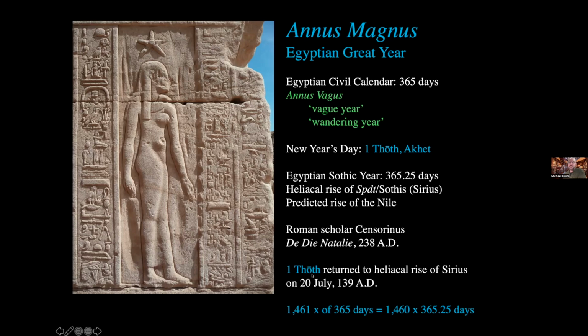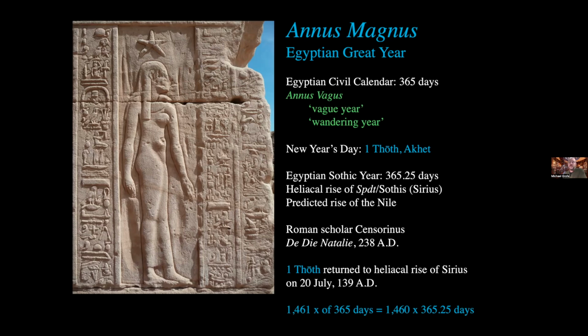And this great cycle is what Censorinus referred to as the Annus Magnus, or the Egyptian Great Year. He had a number of other names for it, including the Kunikon, which referred to the dog star Sirius, as well as the Year of God, and the apocatastasis, which is the bringing back into harmony of this great cycle.